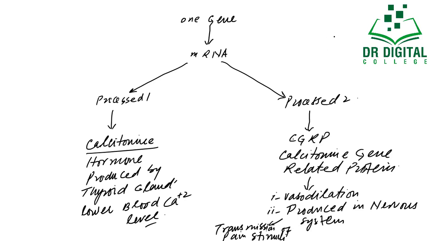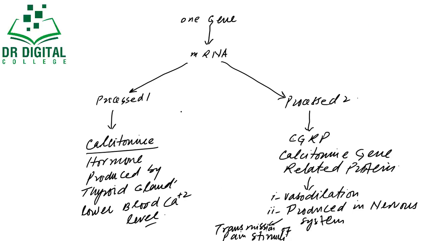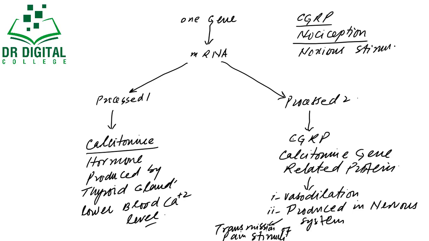So I can write here that CGRP is for nociception. The word is nociception, that is, noxious stimuli are transmitted.